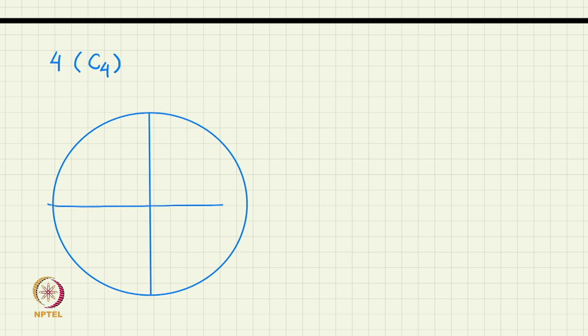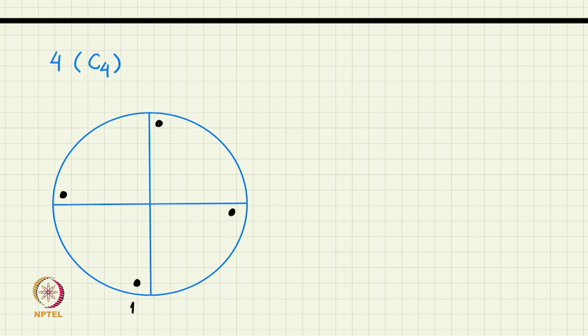So, I draw two 90-degree diameters because I have to rotate by 90 degrees. So, starting with a general position there, a 90-degree rotation brings me here, another 90-degree rotation brings me here, one more takes me there, and finally I come back to the original position.